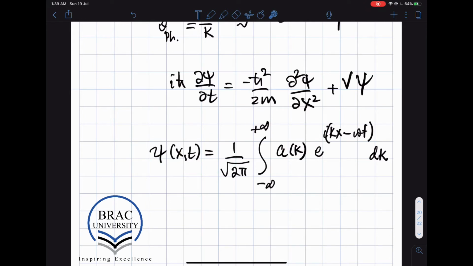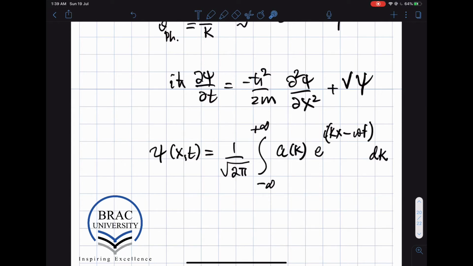So the new ingredient here is e to the power minus i omega t, which encodes the phase velocity of the Fourier mode e to the power i kx, once we specify what the relationship between omega and k is.